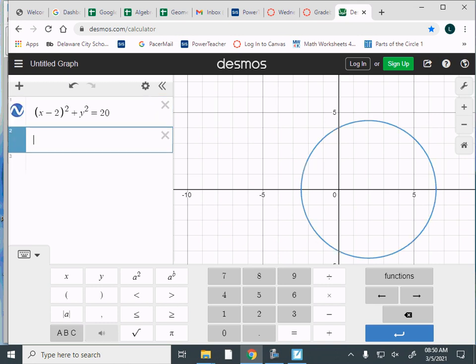Then type in your point, parentheses, -3, comma, square root of 5. And where does that point lie? Outside the circle. We would just say outside.